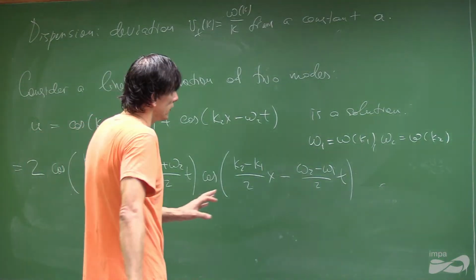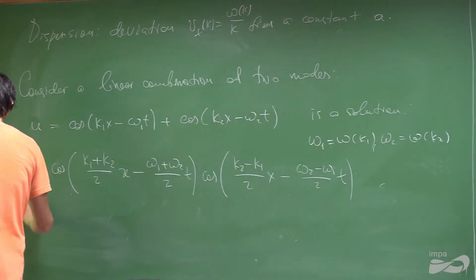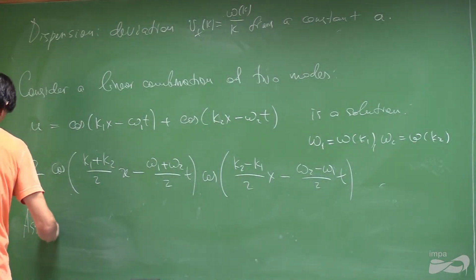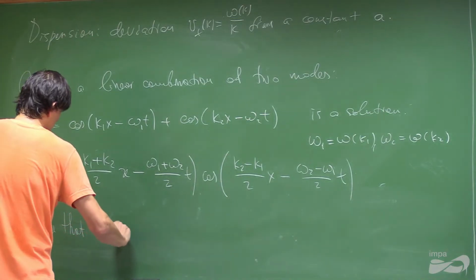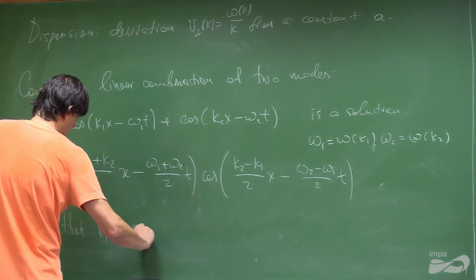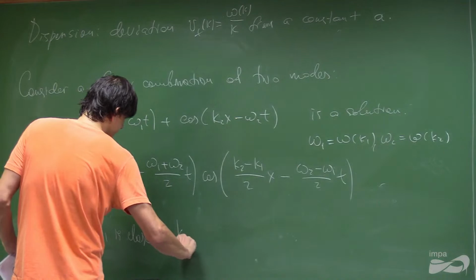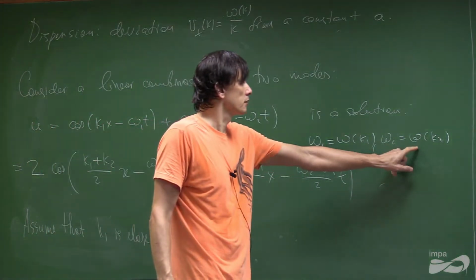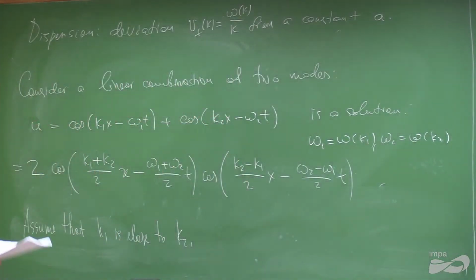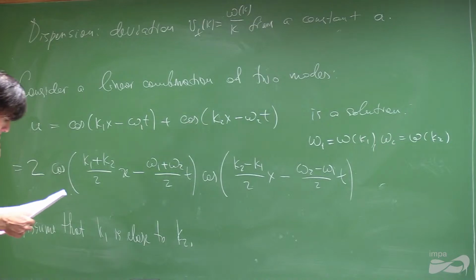So now let's assume that k1 is close to k2. So the two k's are close, which means that the two omegas are also close, if the dispersion relation is continuous, which is usually the case.